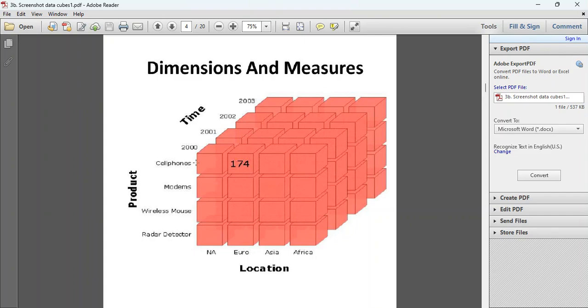For cell phones, in this box of the cube, we have stored 174. It means the cell phones in the year 2000 in the Euro country have the measure 174. We will see further the slicing and dicing operations of this cube in the coming slides.